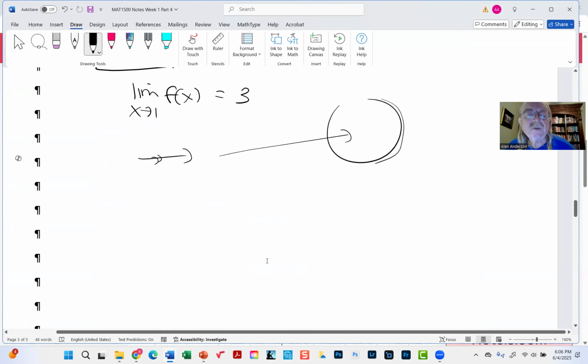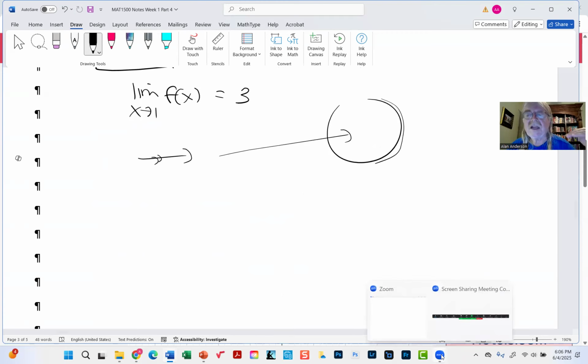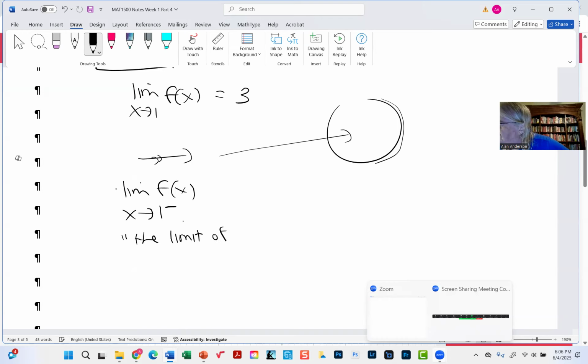Now, by the way, notation-wise, if we're only interested in what's happening as x approaches from the left to the right, there's a slightly different way of writing that. That little negative there means we're approaching from the left.